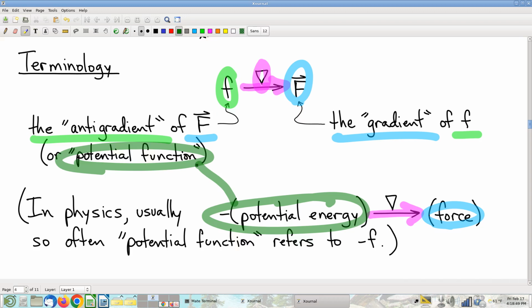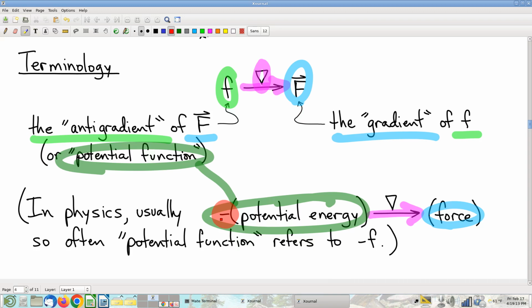But here's the worst problem with this. You may have noticed this minus sign right here. If you think about it, let's talk about gravity. Potential energy, when you're talking about gravitational potential energy, is higher when you're higher up, and it's lower when you're lower down. If you write down the function, it's a constant times z.